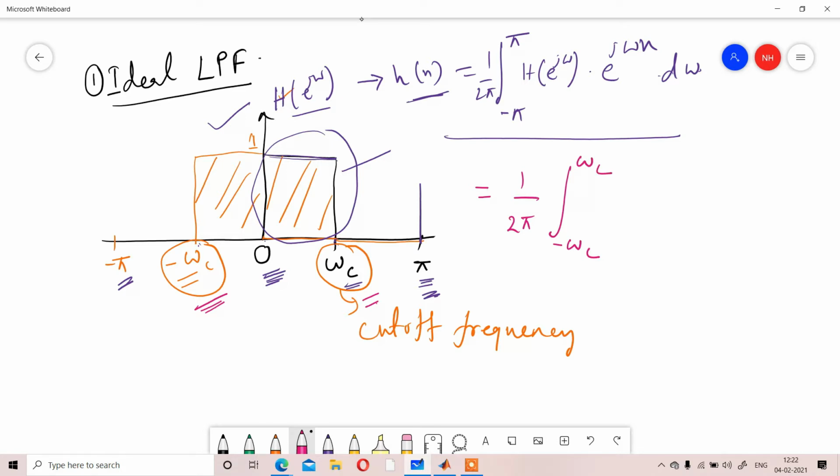If we consider that range, what will be the value of H?